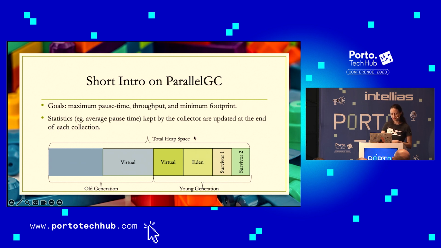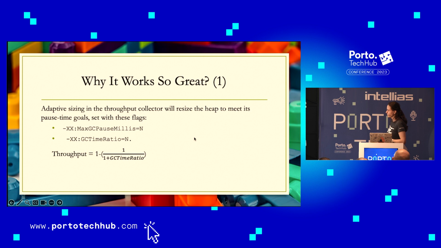Now, why does it work so great by default? Well, because adaptive sizing in the throughput collector resizes the heap and hence the generations in order to meet the pause time goals. And these goals are set with the max GC pause millis and the max GC time ratio.